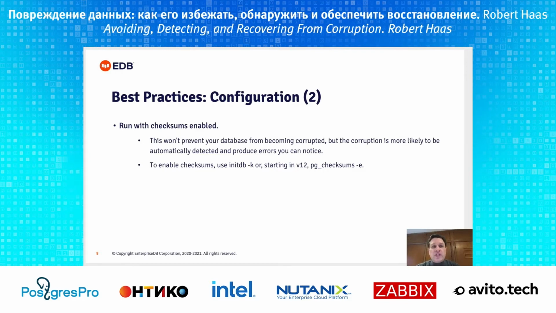So if you want to use this feature, you can create your database cluster using initdb -k, or if you're running version 12 or any newer version, you can shut down the database, use the pg_checksums -e command to enable checksums, and then start the database back up again, which will be quicker than a full dump and restore onto a new database cluster, which would be another way of getting checksums enabled.